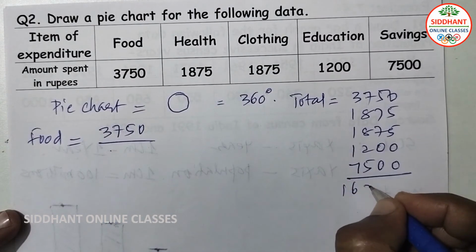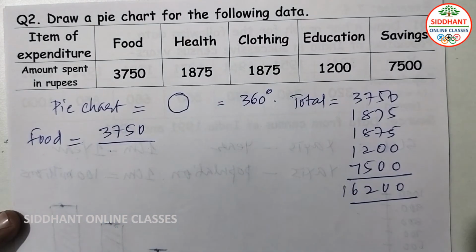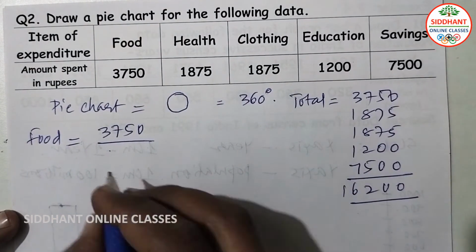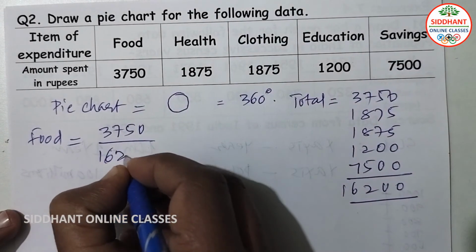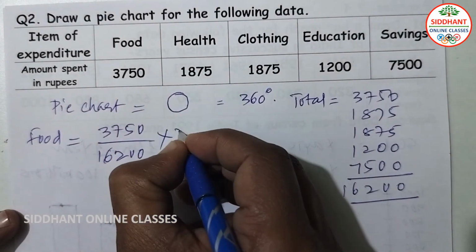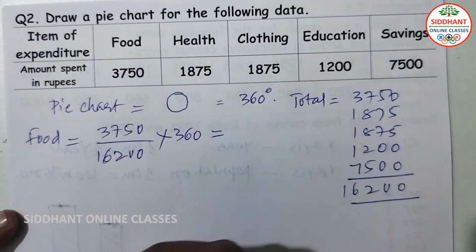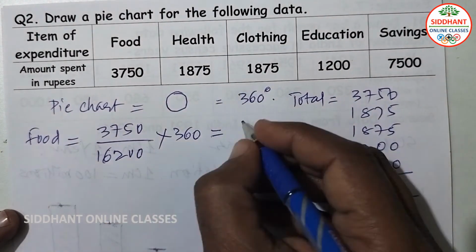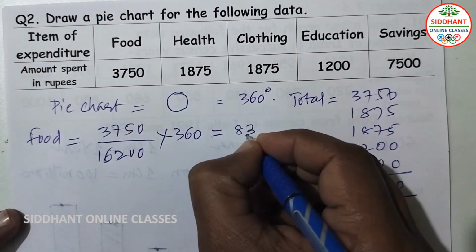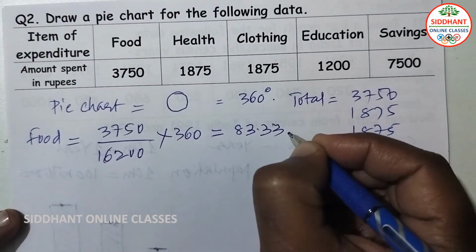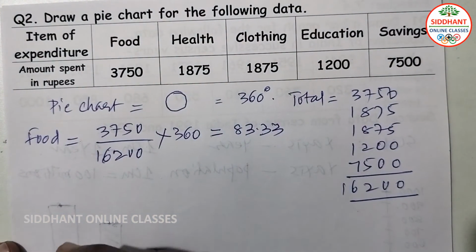So here 16,200 is the total. So here 3750 by 16,200 into 360 degrees. Upon calculation we are going to get 83.33 here.